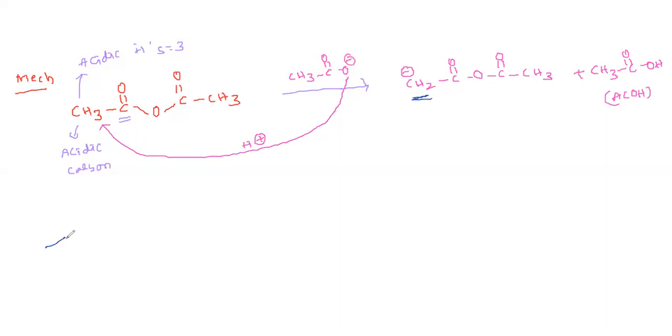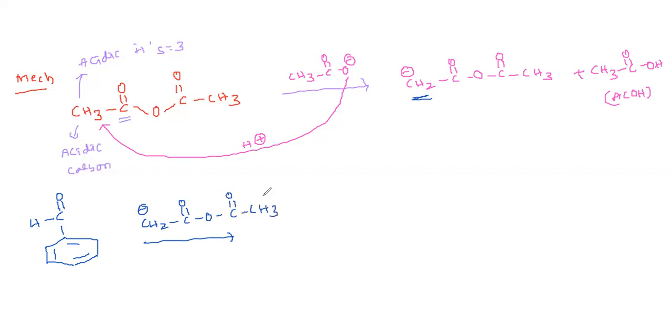Then we take the initial reactant, benzaldehyde, with C=O. I will write the H here for convenience. We write it like this: C=O, C=O, O, C=O, CH3. Here, carbon and oxygen: oxygen is more electronegative, so it is negative and the carbon is positive.